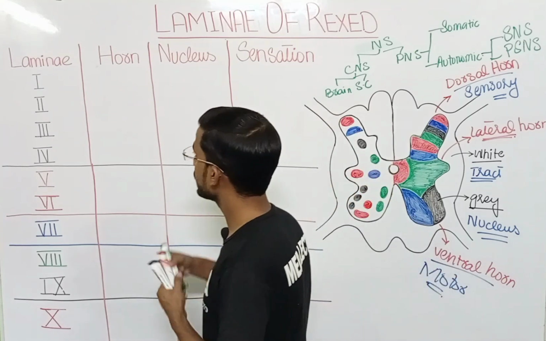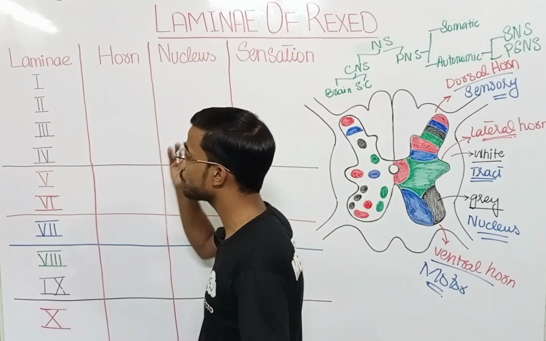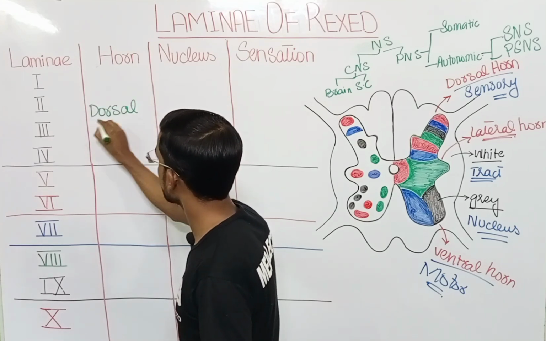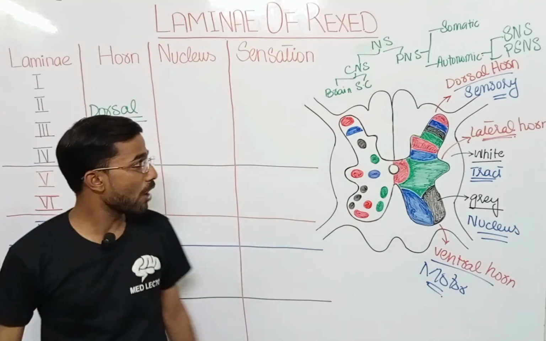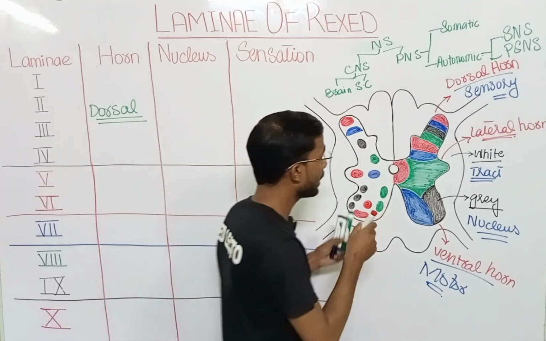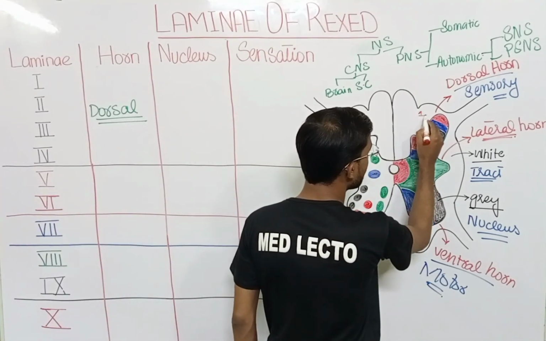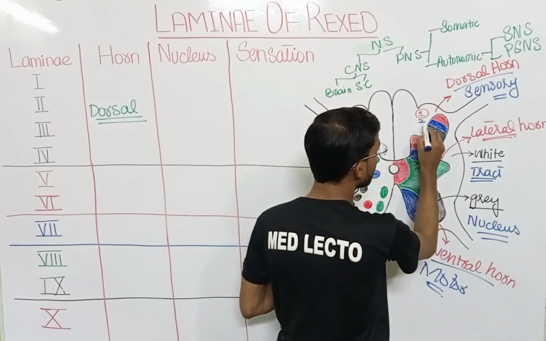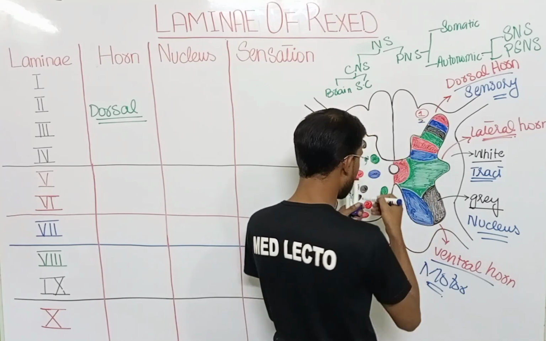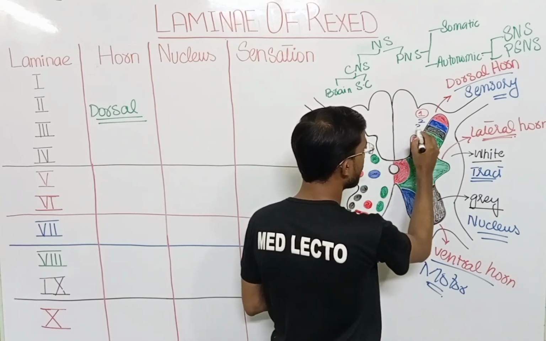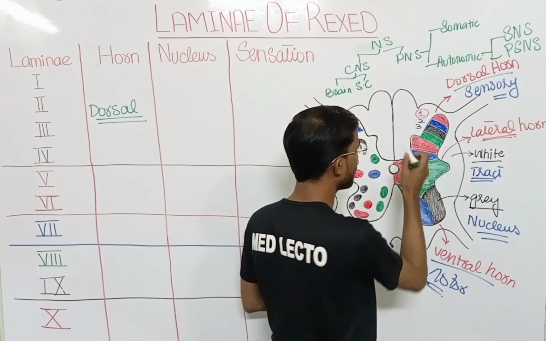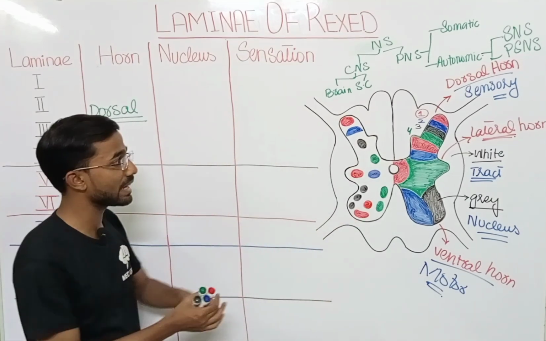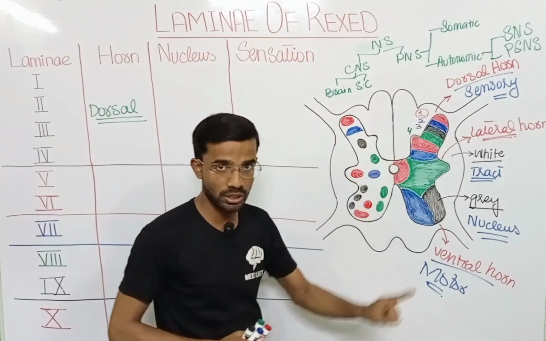Here, this is the first, reddish one, the second, the third is the black one, and the fourth lamina. So these are the 4 lamina that fall in the dorsal horn.